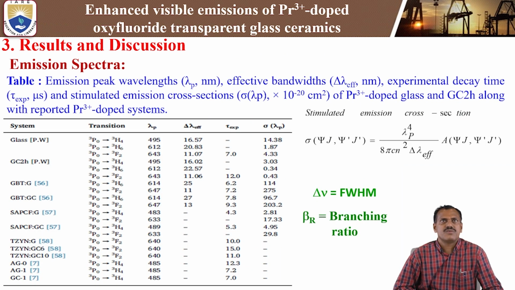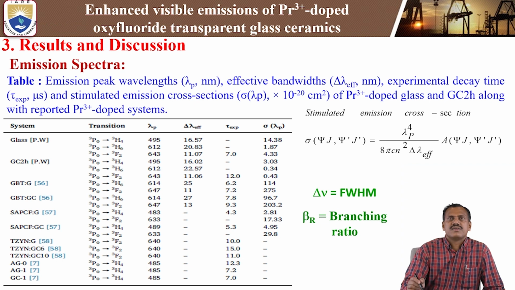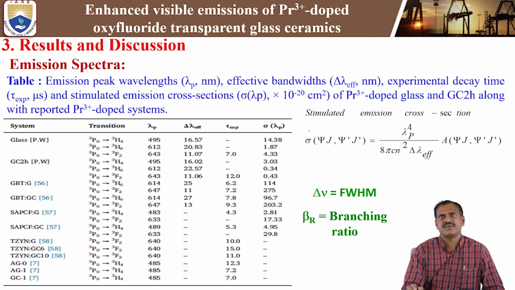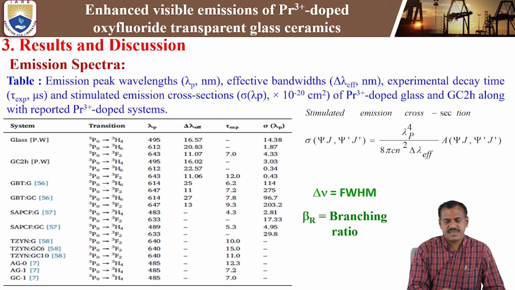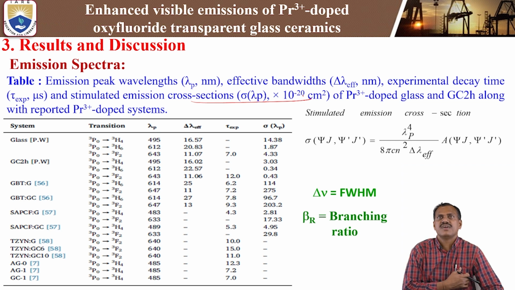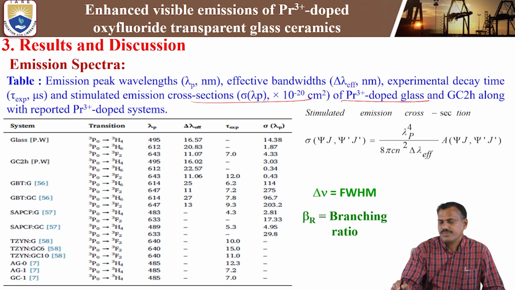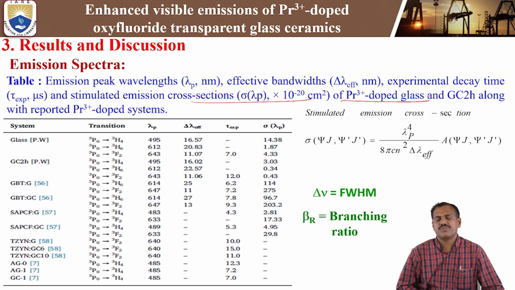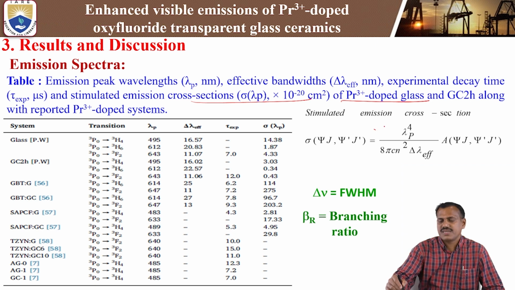From the emission spectra we measure the emission parameters: peak emission wavelength, effective bandwidth, delta lambda effective in nanometers, decay time measurement, tau experimental, as well as emission cross section. That is very important. The emission cross section is very important for studying the laser parameters of praseodymium 3+ doped glass and glass ceramics. The emission spectra analysis is carried out using the sigma emission formula. For the full width measurement we use delta effective wavelength.